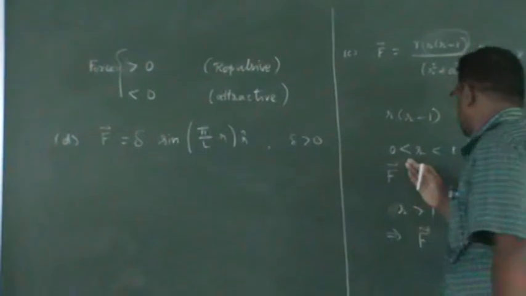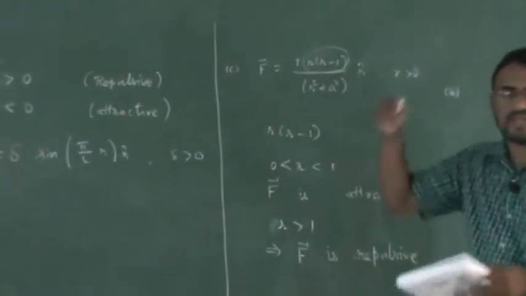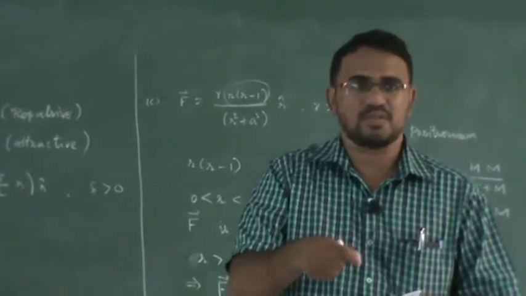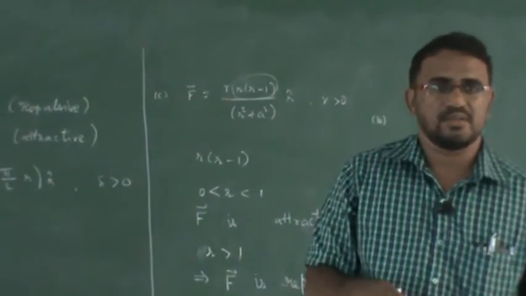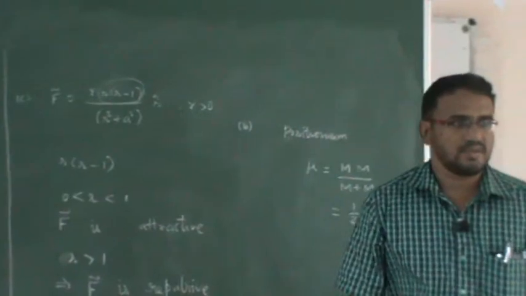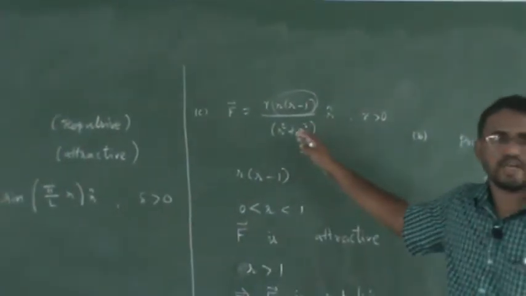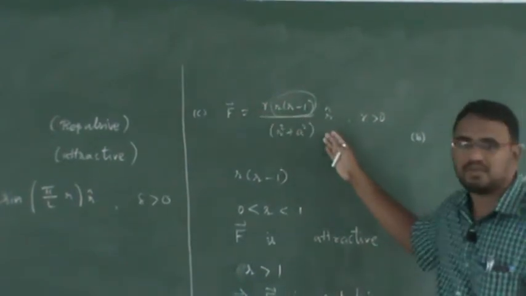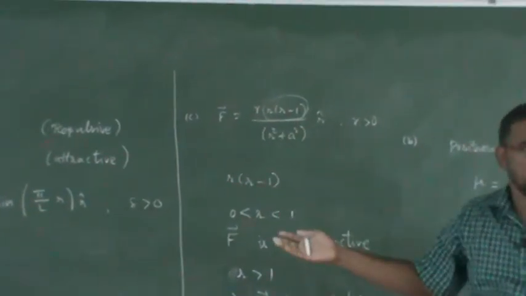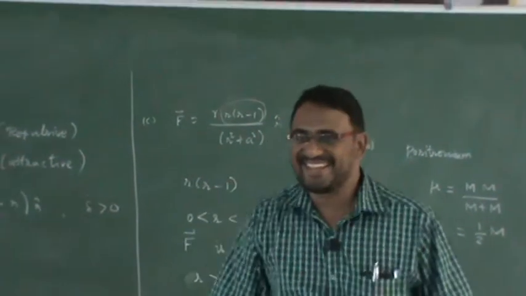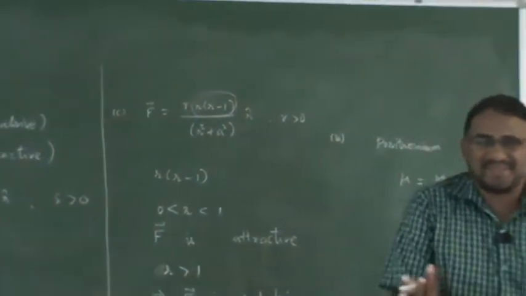Yeah, r less than 0, because this is a central force, the force is acting towards the center, so r can be negative, right? That can be one. R can be 1, therefore the force is 0.